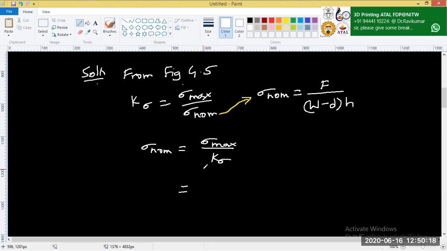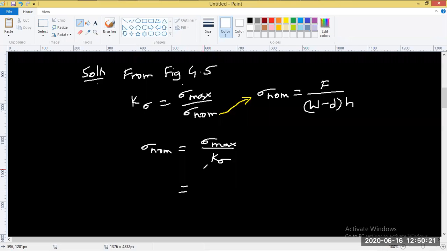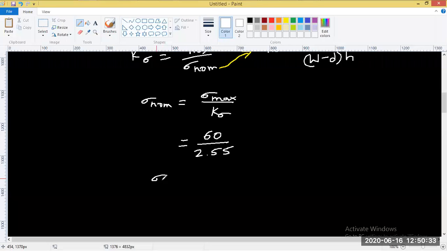So I'll write here K sigma. Sigma max was 60 megapascal, or Newton per millimeter square. 60 divided by K sigma, I'll write 2.55. Once I get this, I get my nominal stress. That is the stress at the cross section. It's the plate with the hole, right?